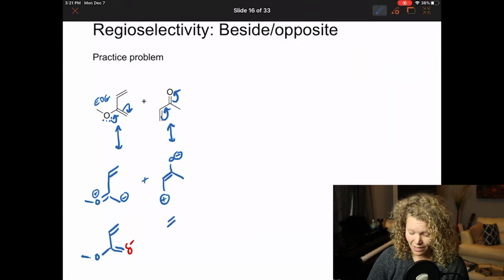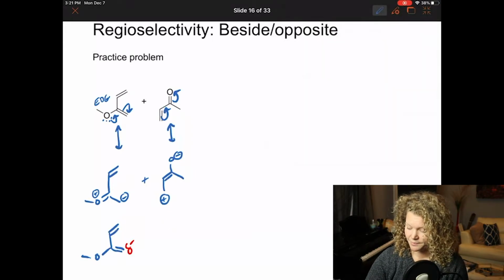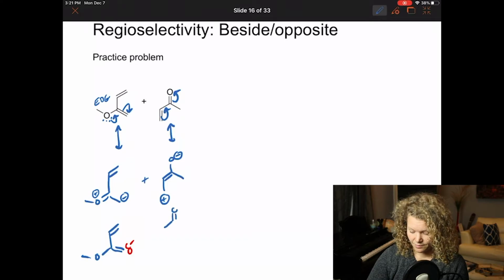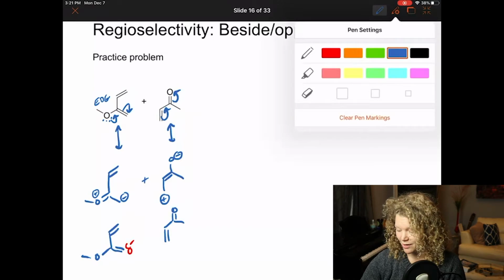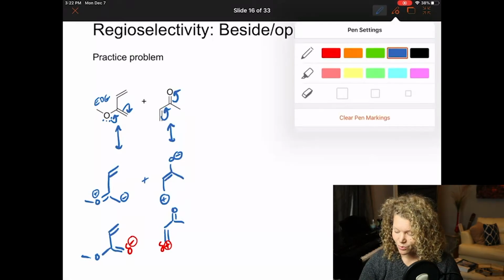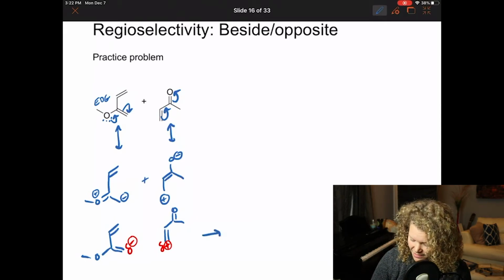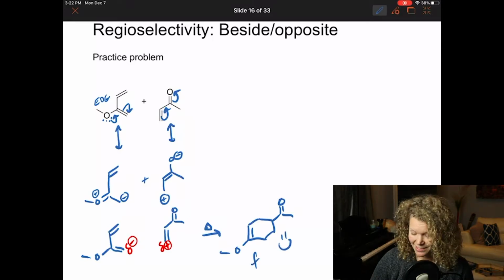And the structure for our dienophile actually has a partial positive charge on this end carbon. When these two react in this formation, this is how we end up getting our desired product where the groups are opposite of each other. So this is favored.